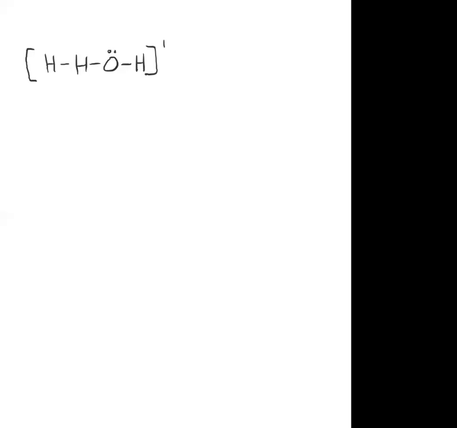Okay, so again, you're doing 2 tests, right? One is, does it have the correct number of electrons? And then 2, are you following the octet rule and the duet rule for hydrogen? Okay, so if you look at this, you can immediately see that this is a bad structure. This is not a proper Lewis structure, and here's why. Take a look at this hydrogen here.